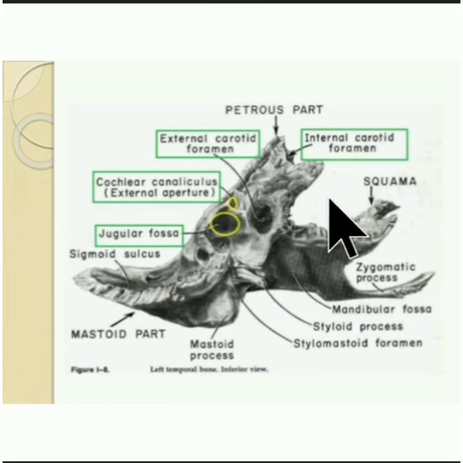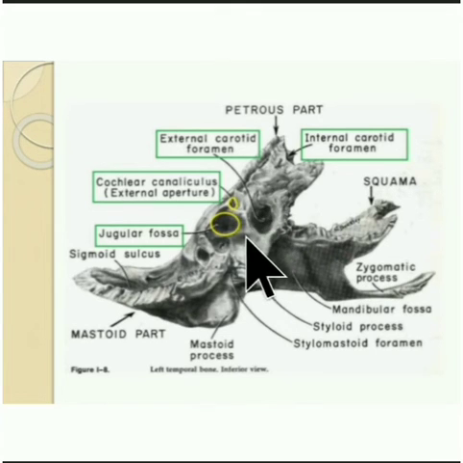In front of the lateral compartment of the jugular foramen is the jugular fossa, which holds the superior bulb of the internal jugular vein. Medial to the fossa is the external aperture of the cochlear canaliculus, and in front of the fossa is the external carotid foramen, where the internal carotid artery enters with its plexus of veins and the sympathetic plexus.